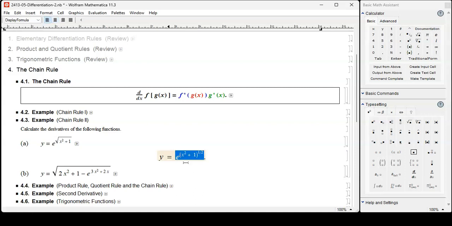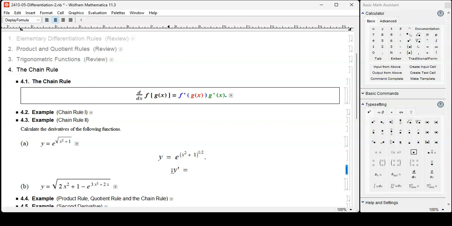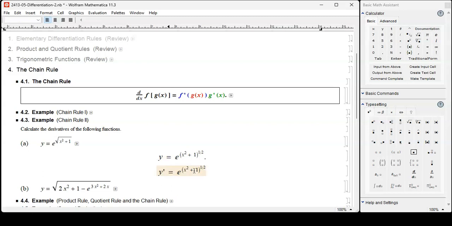And then the inside is another composite function. We have parentheses and then 1/2 power. What's the derivative? Let me expand the font. It's a natural exponential function, so nothing changes. The derivative of the outside is just e to the something, so nothing changes there. And also, inside never changes, so doubly nothing changes.